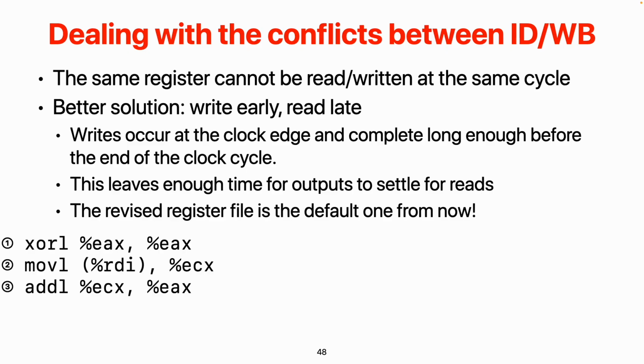So one thing we can do is that within the same cycle, it's good enough to do both read and write together. In the first half of the cycle it can do the write, and in the second half you can do the read. And there's a reason for that. First of all, we want to do write early and read later, because typically the returned result will be consumed by a later instruction.